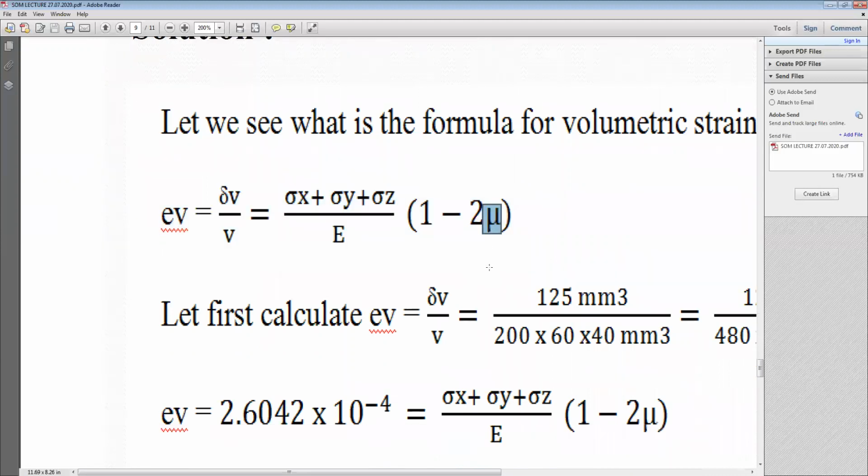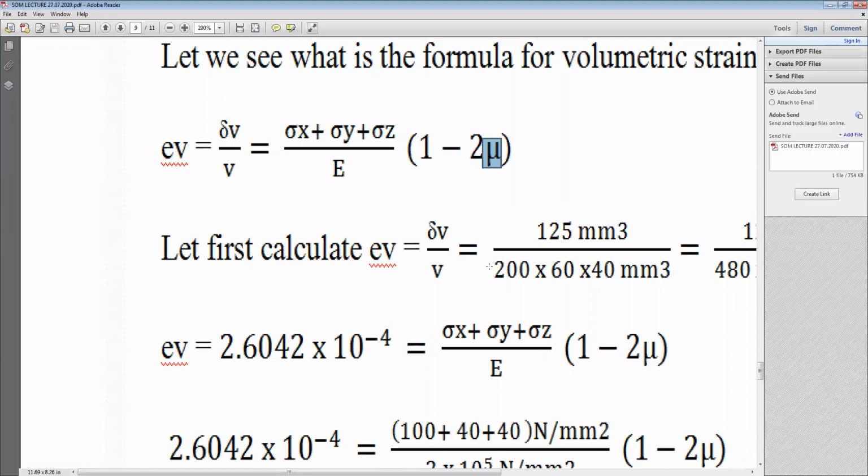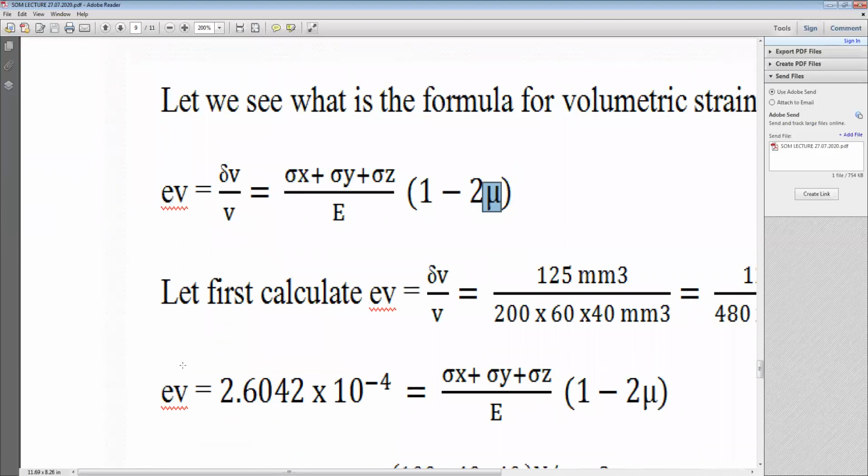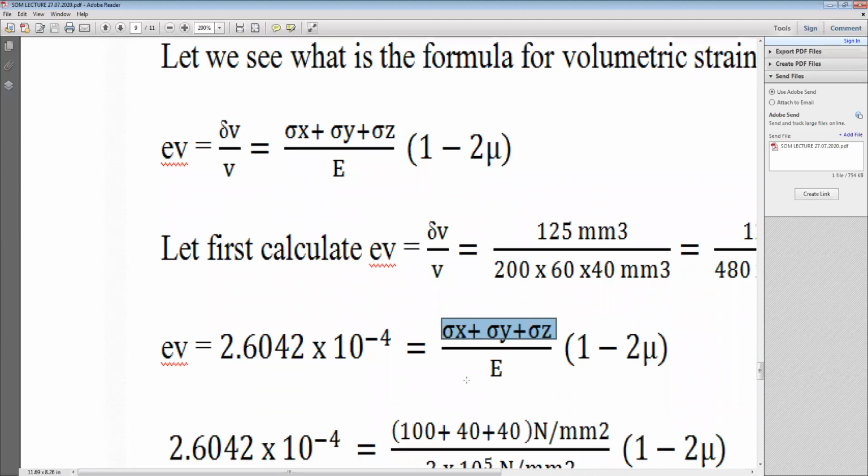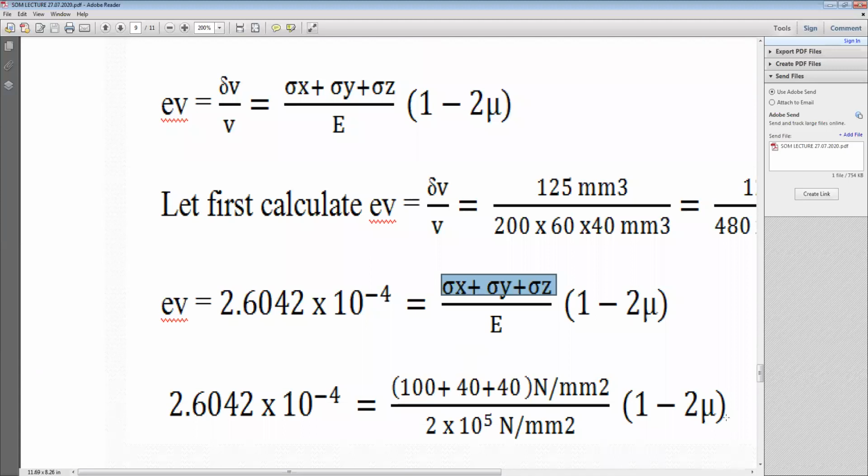So please carry it out by using the calculator. So EV is equal to 2.60 into 10 to minus 4, which is equal to sigma x plus sigma y plus sigma z divided by E into 1 minus 2 mu. Please take the quantities of sigma x, y and z, put them into this equation, and you can easily get mu.